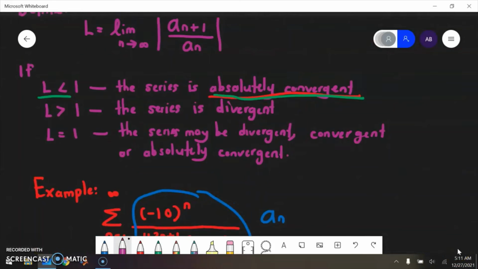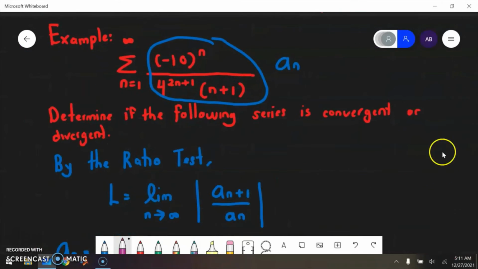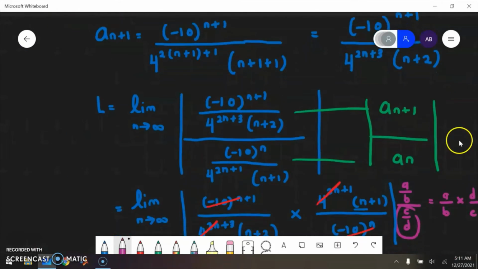So the three cases: if L is less than 1, it's absolutely convergent, therefore convergent. When L is greater than 1, the series is divergent. If L equals 1, the test is inconclusive, so you have to use different tests to determine whether the series converges or diverges.